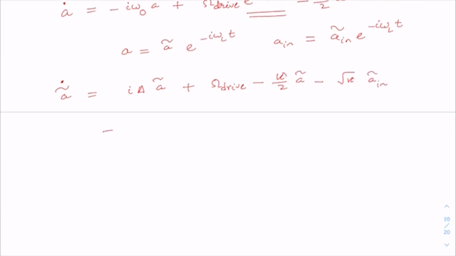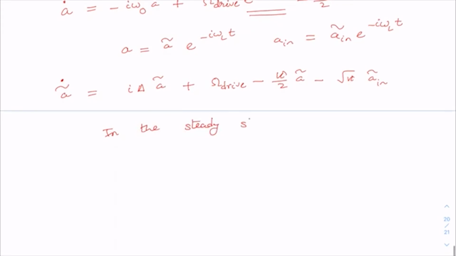And from here, in the steady state, I can get the steady state value of A tilde. In the steady state, the average value of A tilde would be equal to minus omega drive divided by i delta minus kappa by 2.